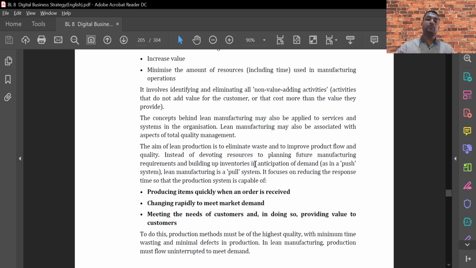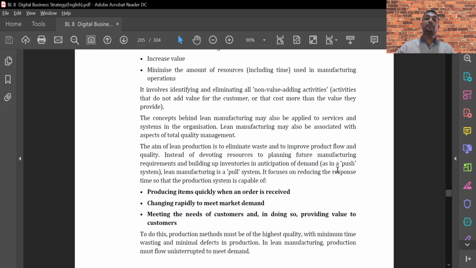We do not expect the manufacturing process to keep enough stock, thinking that there will be a requirement in future to manufacture more products, but rather this is a pull system. As and when the requirement is there, having the inventories coordinated carefully.